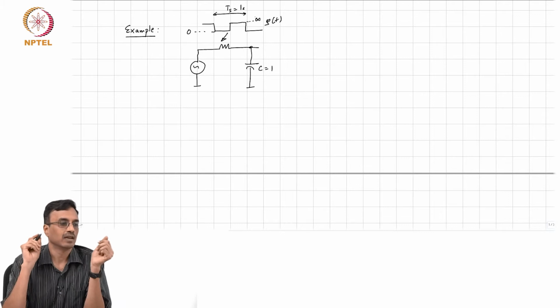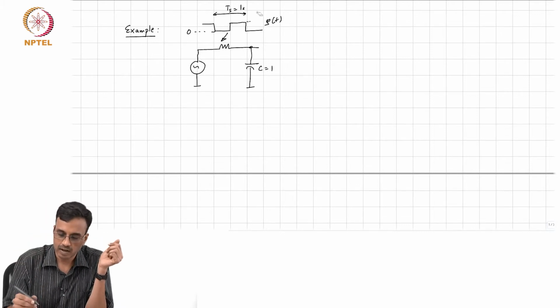Let's call that G max, and G max happens to be some very large number.